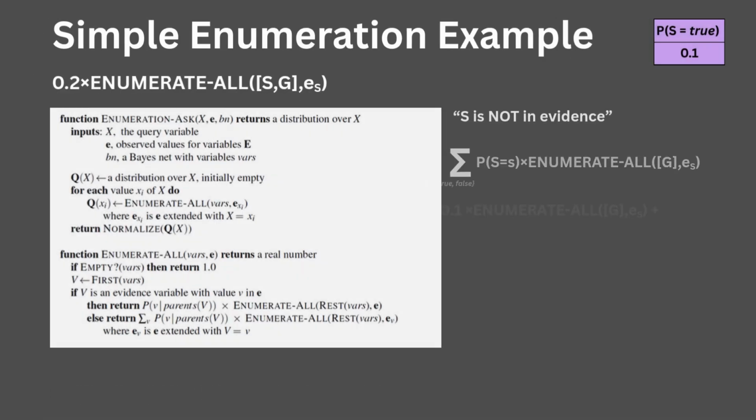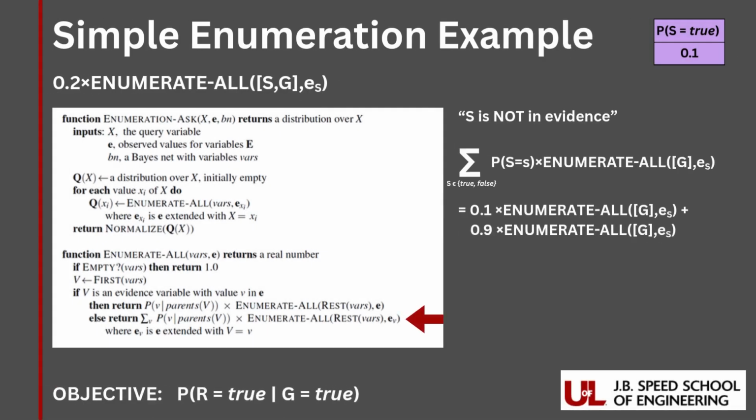All right, so that will push us to enumerate all with S as our variable. S is not in the evidence, so that means that we just don't know if the sprinklers went off or not. So what that means is that we need to cover both cases when we calculate this probability. All right, so that brings us to this else statement.